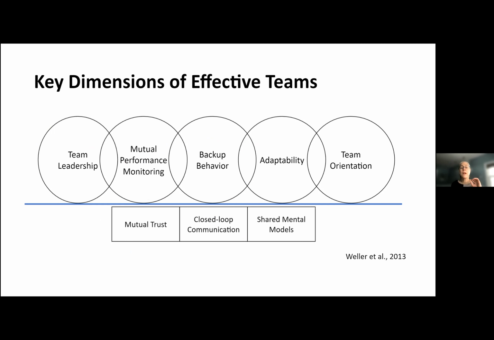And they propose 7 steps to improving team communications in order to improve patient and learner safety. And so, again, the base foundation here: mutual trust, closed loop communication, and a shared mental model of what our goals and measurements for achievement will be.